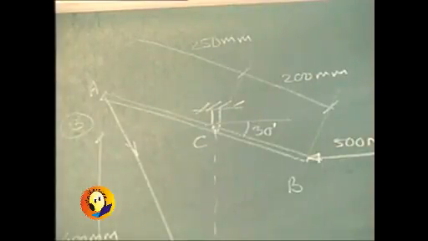So if we are to take the moment, we can very well find out the horizontal and vertical distances of the points A and B with respect to C. The linear distance is directly given to us as 250 and 200 millimeters, but we might be requiring horizontal and vertical distances.